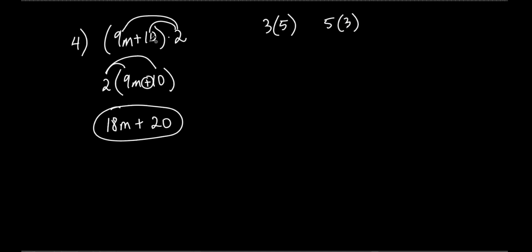So is 9m plus 10 times 2 any different than 2 times 9m plus 10? Doesn't make any difference what order you multiply them, does it? Would you agree? Yeah. So it could be on the right, it could be on the left. We're going to mostly see that number on the left, so I just put it on the left to make it look a little bit more familiar to us.